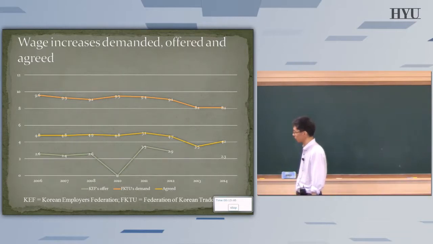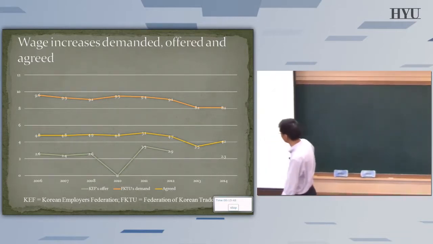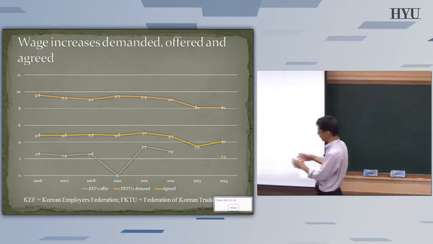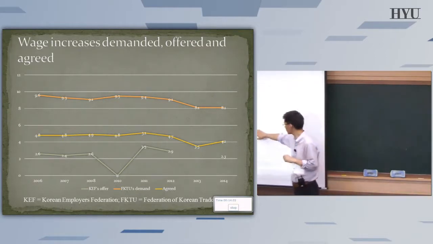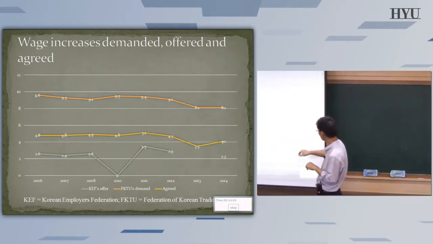I forgot the Korean name, but anyway, this is a federation of employers. Their offer is between 2 to 3%, sometimes 2 to 4%, 3.5 once, and 2.3 last year. So as you can see, there is a big gap, like 2% versus 8%.